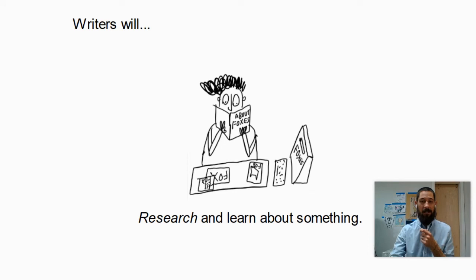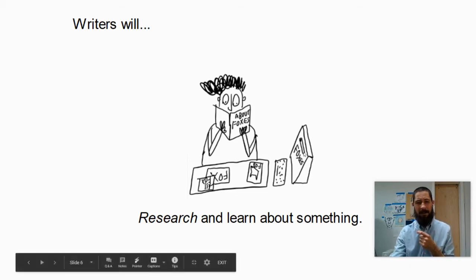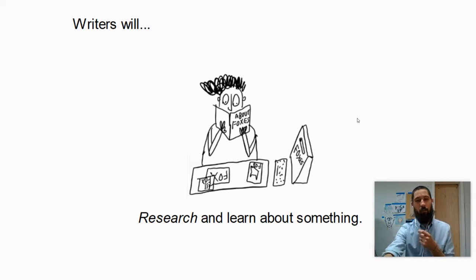So in this case, as you can see from the picture, this person is learning all about foxes. They have books and magazines and cards and all the different sources of information or text sources that we can find to learn about the subject, right? They even have a little computer here that's looking up information about foxes. So the very first step is research. We got to research and learn ourselves before we can teach something, right?